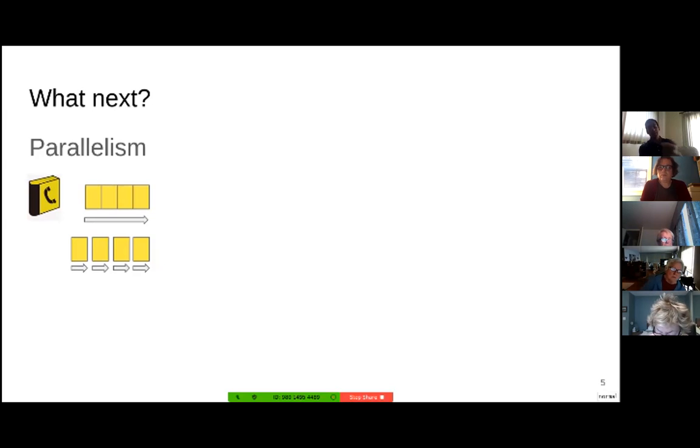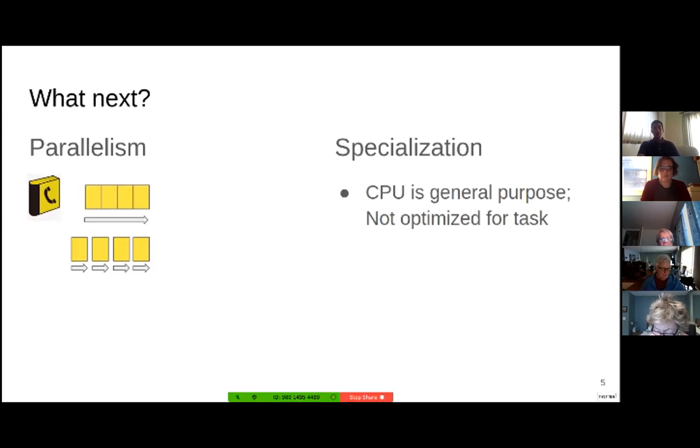That's why we've got a second strategy, which is specialization. The CPU is the heart of a modern day computer, and it's a general purpose processing unit. It's not optimized for a specific task. But that means that for some tasks, it actually does redundant work because it's optimized for the general case, not a specific task.